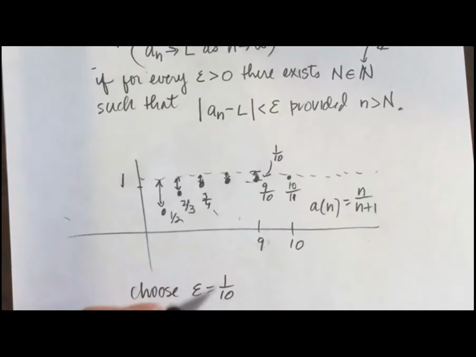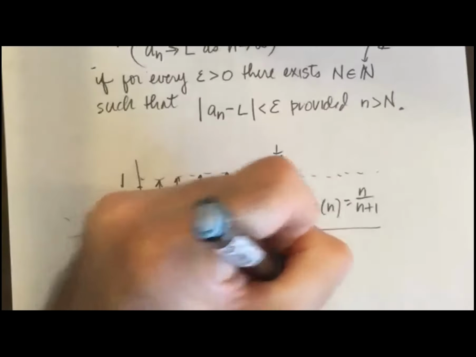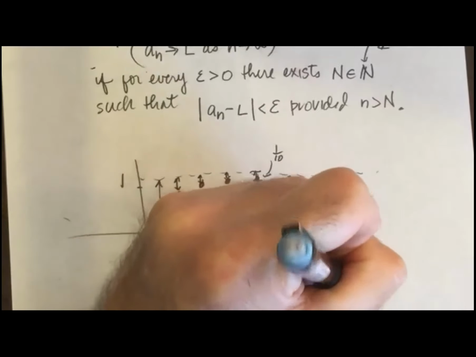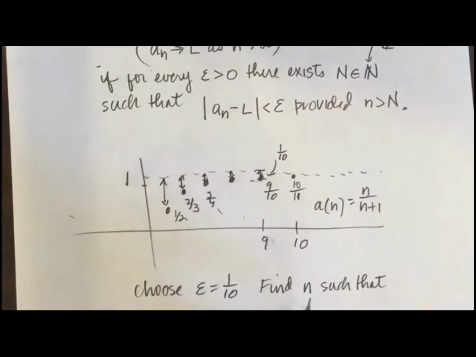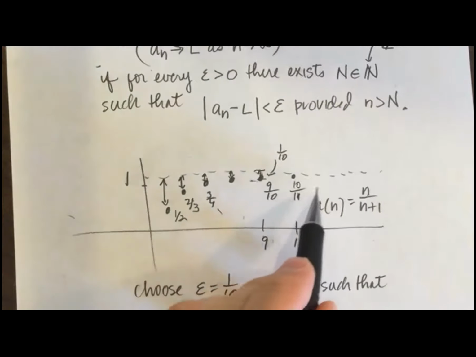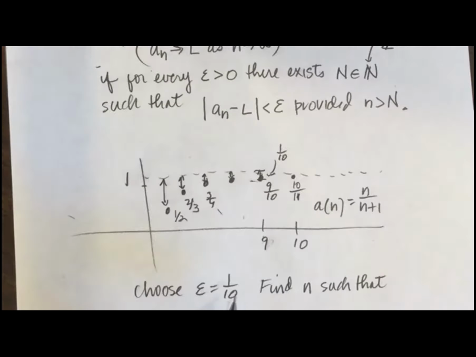So basically, you have to find n such that for all the rest of the values of my sequence, I have to be closer than 1/10. Is that making sense?